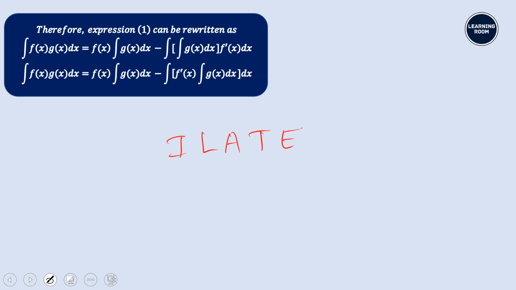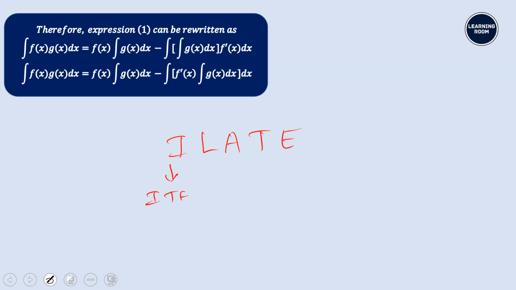ILATE, where I stands for inverse trigonometric functions, L stands for logarithmic functions, A stands for algebraic functions, T stands for trigonometric functions, and E stands for exponential functions. So I stands for inverse trigonometric functions, ITF.